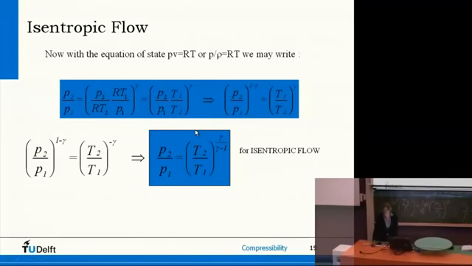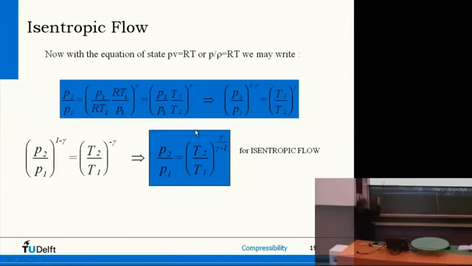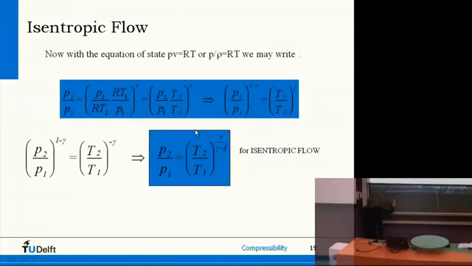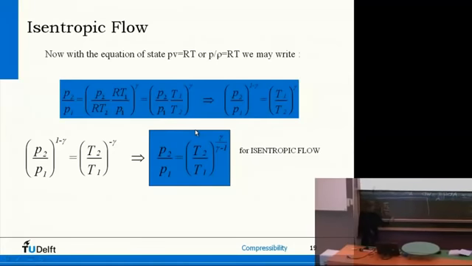I do two things. I like the 2's on top, so I turn this around. So it's T2 over T1 to the minus gamma, and then I take everything on this side. So I get another relation for the pressure ratio: P2 over P1 is equal to T2 over T1 to the power minus gamma divided by 1 minus gamma.